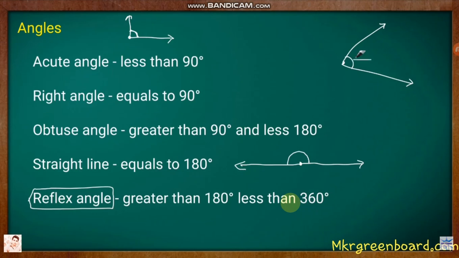This is the outside reflex angle, which together with the inside angle forms a full circle. The inside angle we consider as x, say 40 or 50 degrees. We know a full circle is 360 degrees, so we subtract x from 360 degrees, and that gives the reflex value.